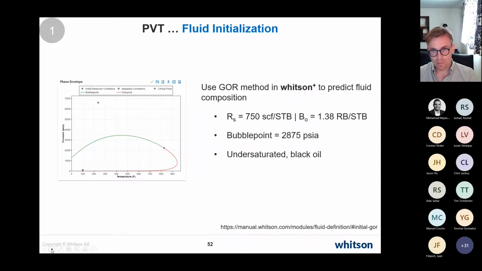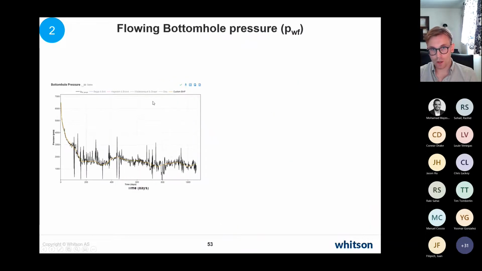Okay. Step number 2, what we're going to do here is we will not calculate the bottom hole pressures, but we'll just use the smoothing feature of the bottom hole pressures. That's a feature that allows us to take either calculated or imported data and just smooth that out graphically.